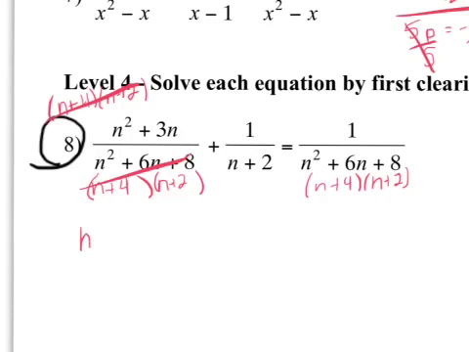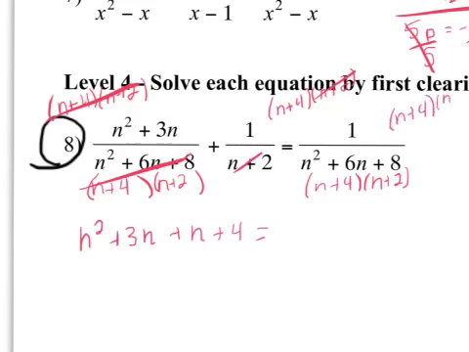So we're left with n squared plus 3n. When I multiply this one by our common denominator, the n plus 2's cancel out, and we're left with 1 times n plus 4, which is n plus 4. And if I multiply by my common denominator here, the top will cancel out, so we're left with 1.